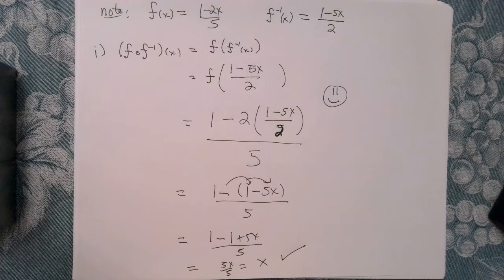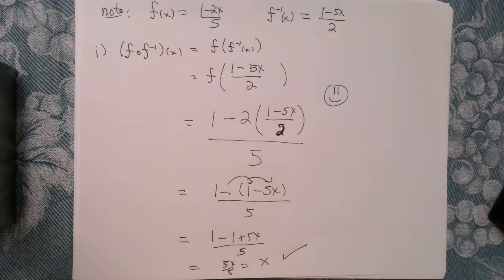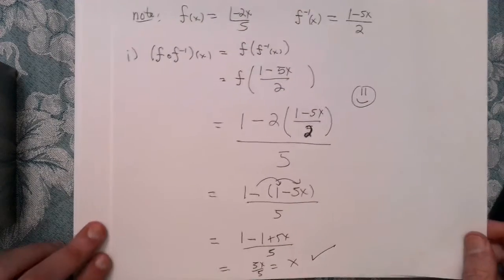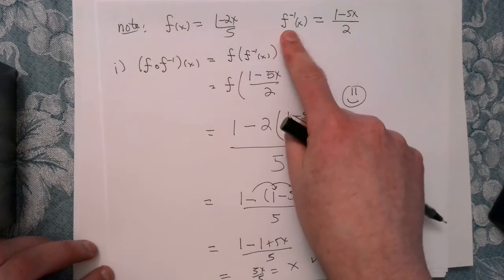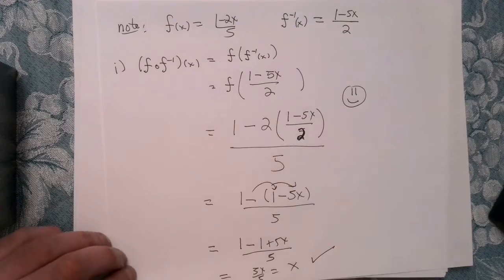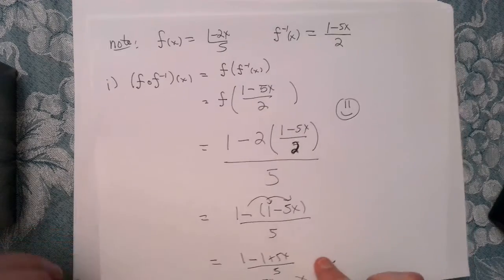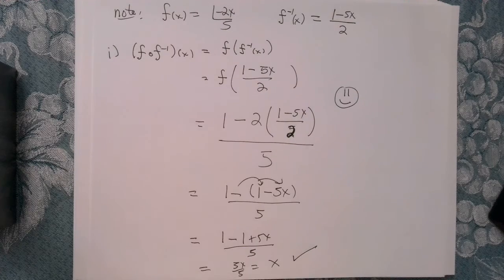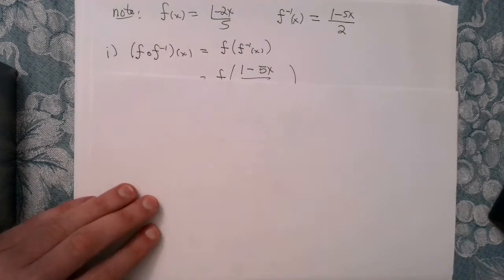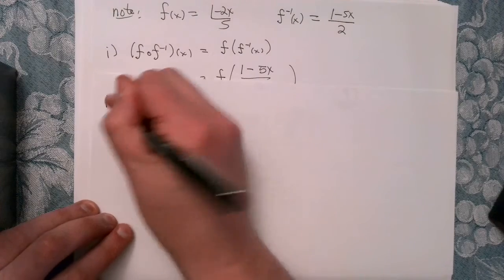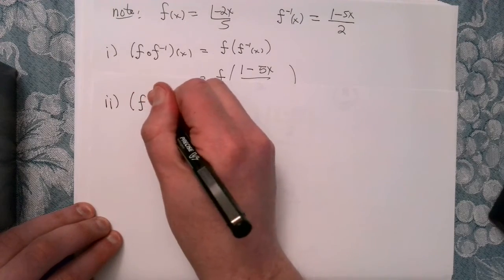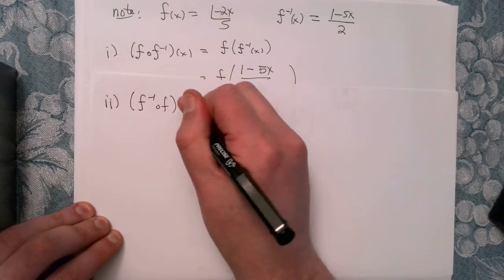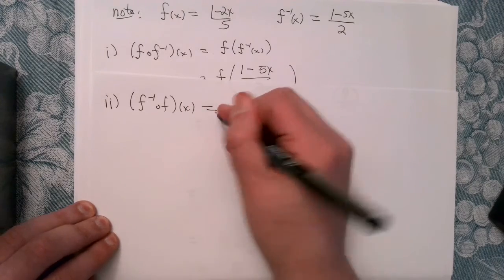Okay, and now we're going to just check the reverse composition. And this is how we prove that what we're claiming is f inverse truly is the inverse function of f. Alright, so now checking the reverse composition. We want to check that f inverse after f of x gives me x.